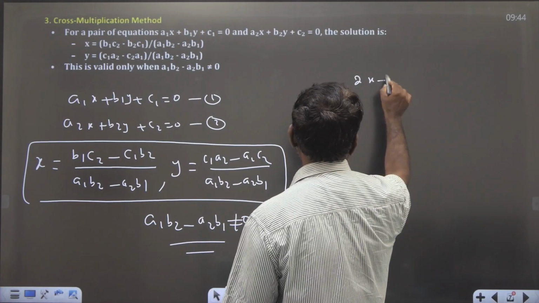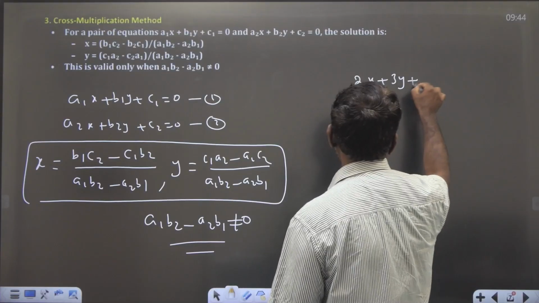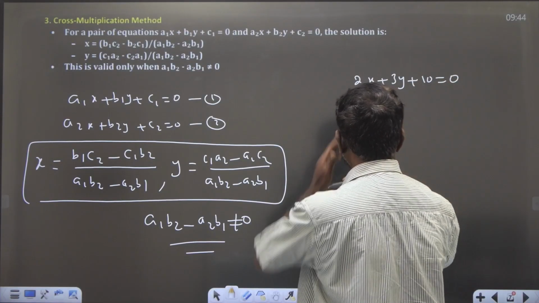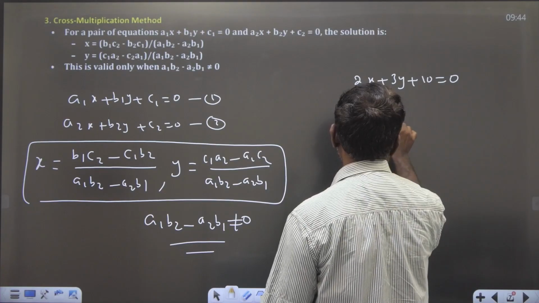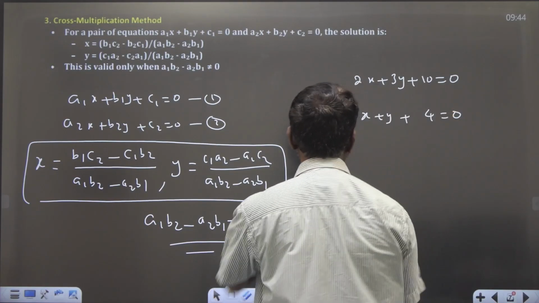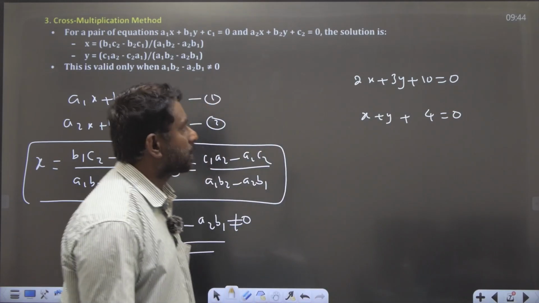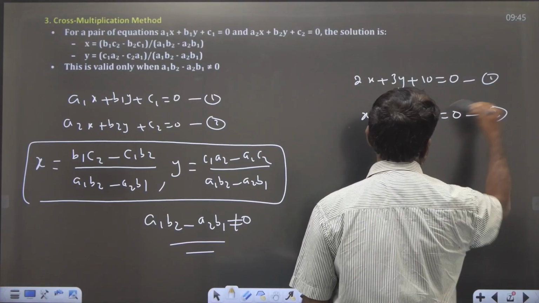Suppose 2x plus 3y plus 10 equal to 0 and x plus y plus 4 equal to 0. This is our first equation. This is our second equation.